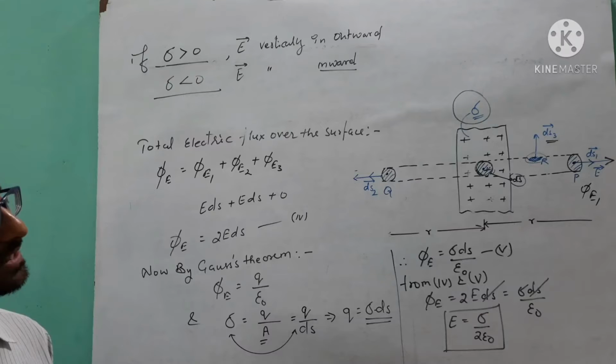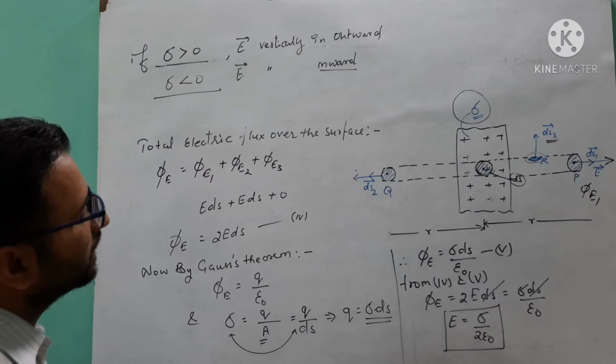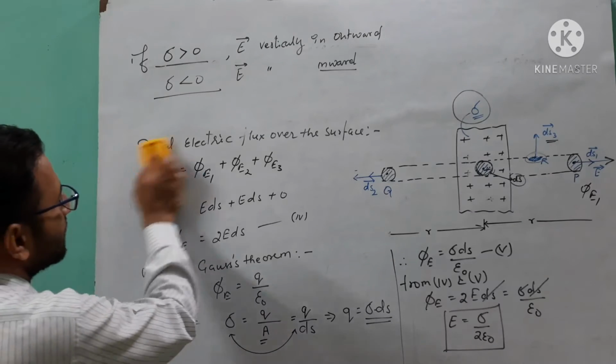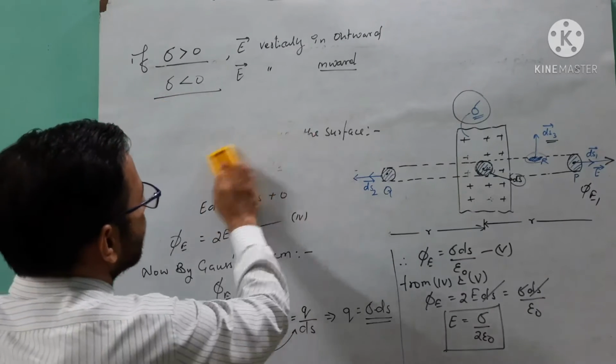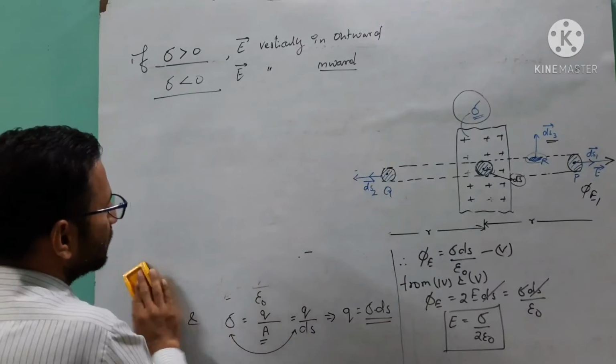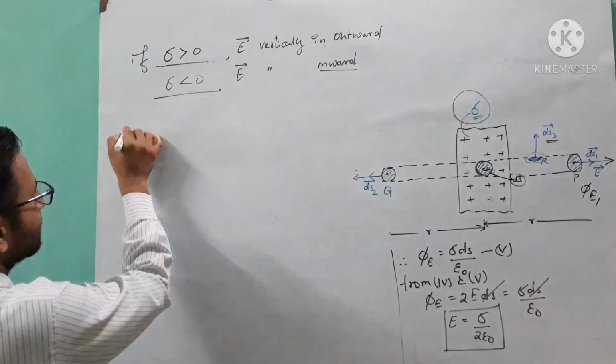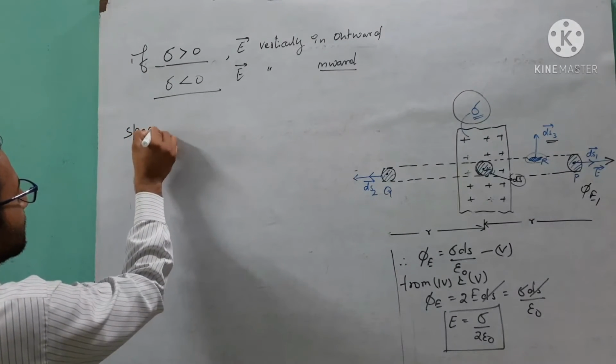But before going to the next derivation, we have one special condition. As we have taken a thin sheet here, in place of a thin sheet, suppose we have a sheet of uniform thickness. That is our special case.